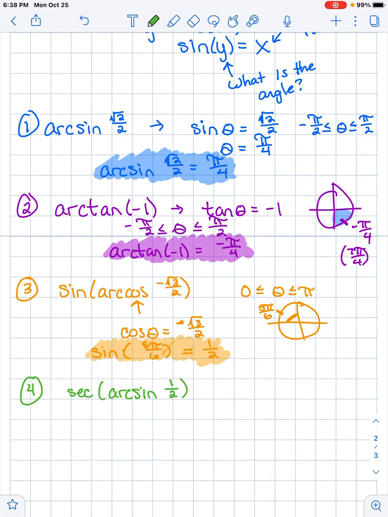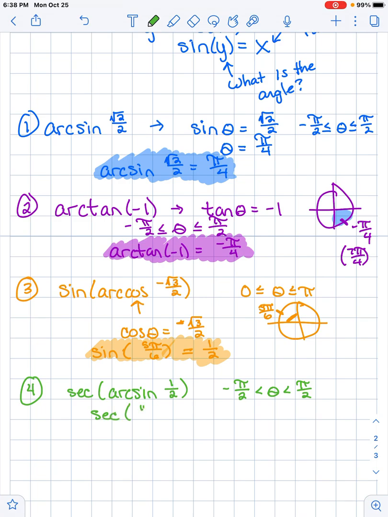Okay, welcome back. So first of all, we'll do the part that's on the inside. Arc sine, we know the domain restriction is between negative pi over 2 and positive pi over 2. Sine is 1/2 at a 30-degree angle, so I know that angle will be pi over 6.